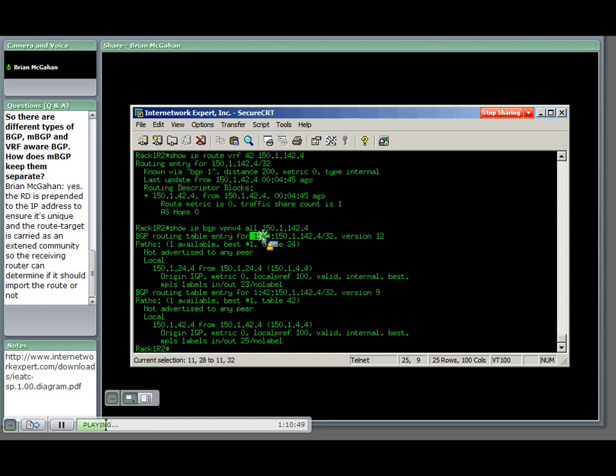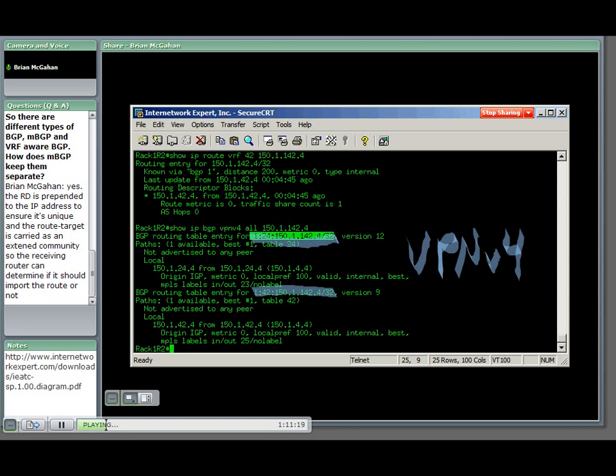Okay, this route we see here, 1:24:150.1.142.4/32, this is actually, let me go ahead and bring up the whiteboard. This here and this here, these are what is known as the VPN v4 routes.